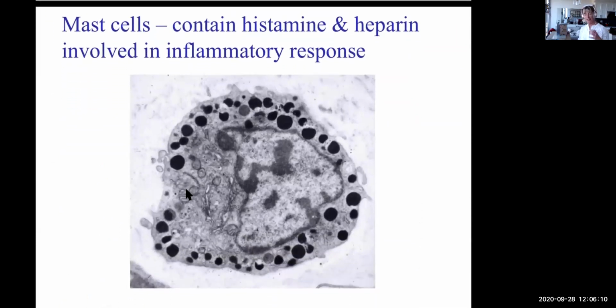Mast cells are another necessary cell in the response to injury. It's involved in the inflammatory response. The mast cells produce histamine and heparin. So histamine dilates blood vessels so that more white blood cells can go to the area.